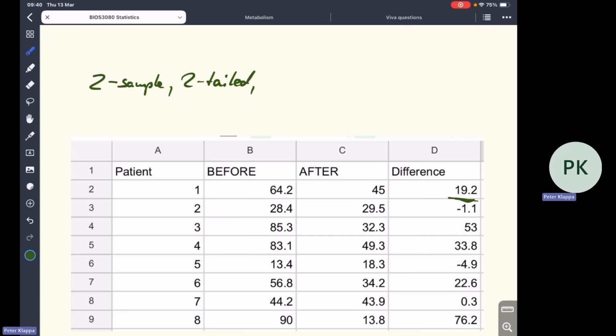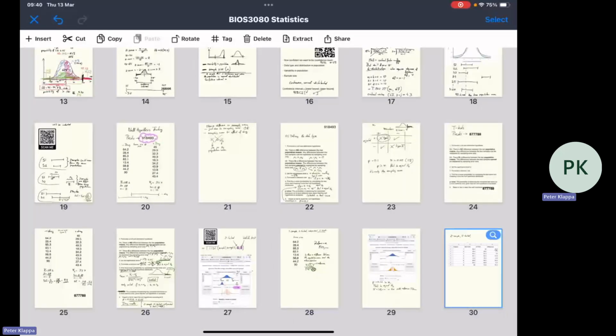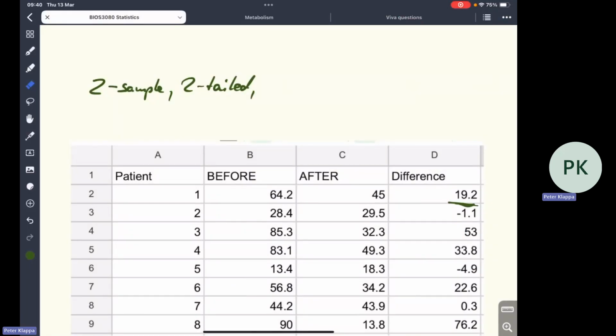But now the data are no longer independent because this number here is linked to this number here. This number here, 83.1, is linked to this number here. So they are no longer independent from each other.